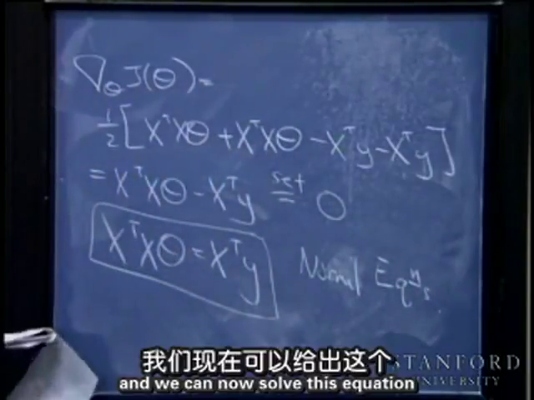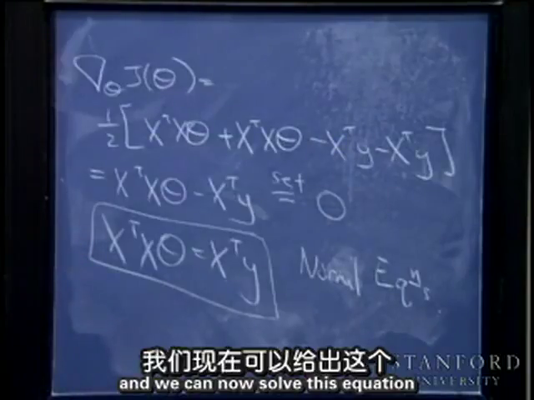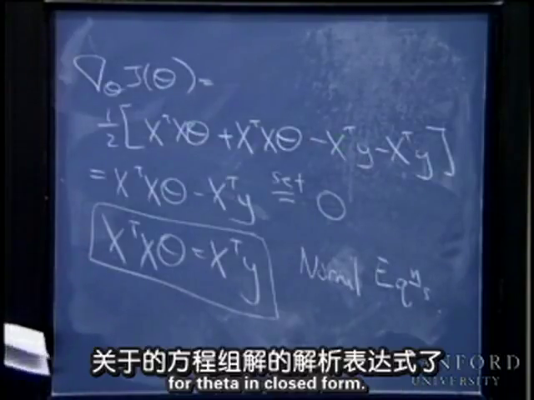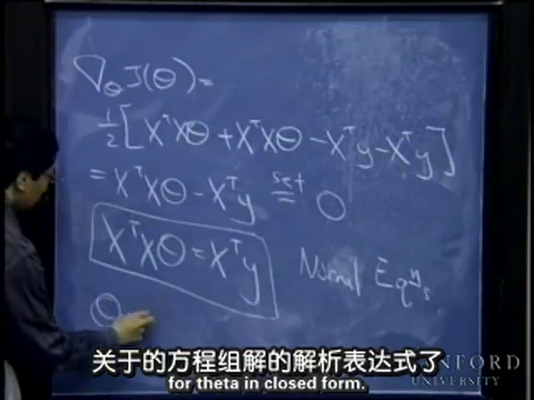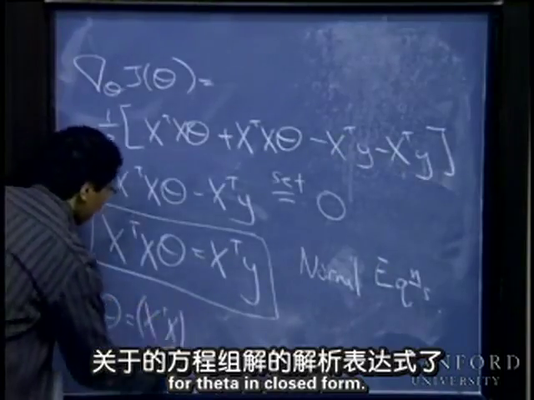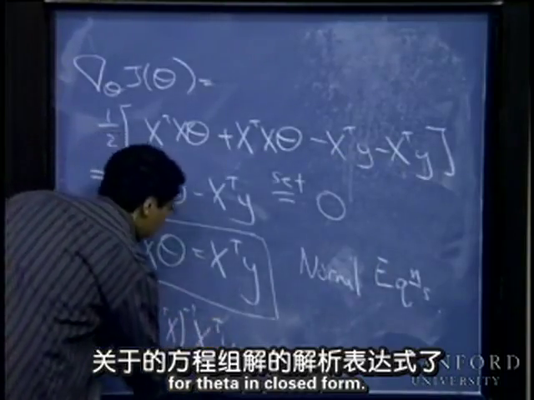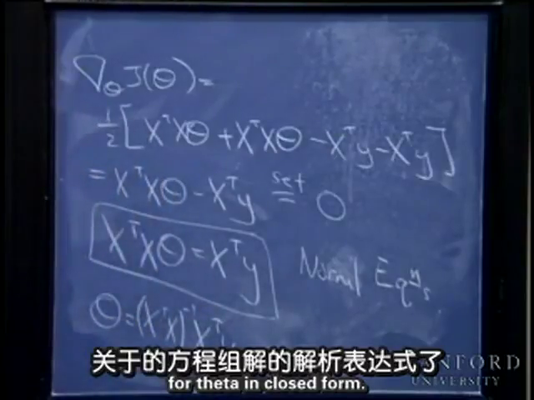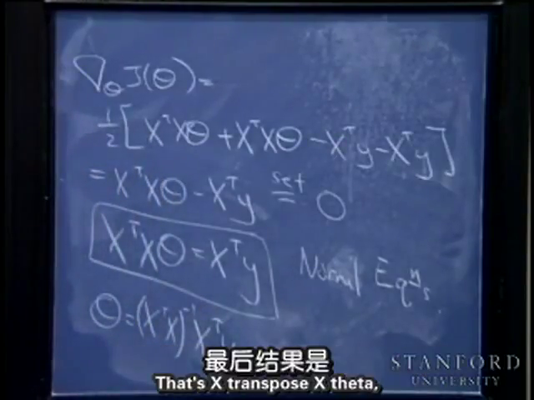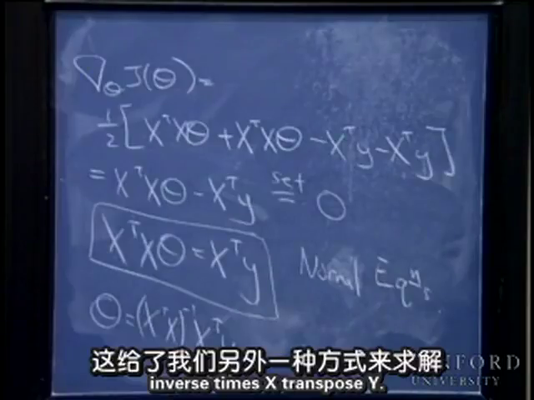And we can now solve this equation for theta in closed form as theta equals x transpose x inverse times x transpose y.